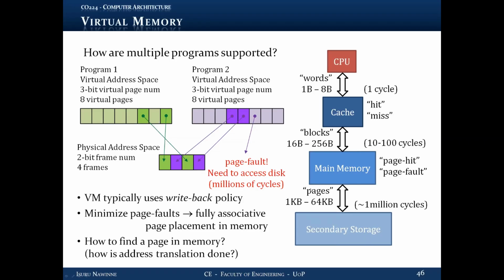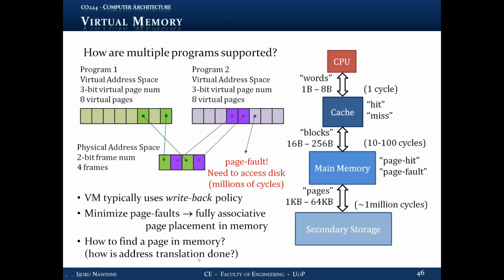Remember, in caching, when we introduced associative caches, we needed to store tags and do tag comparisons. And we are not doing that in virtual memory, so we need a different mechanism. And that mechanism comes with address translation.